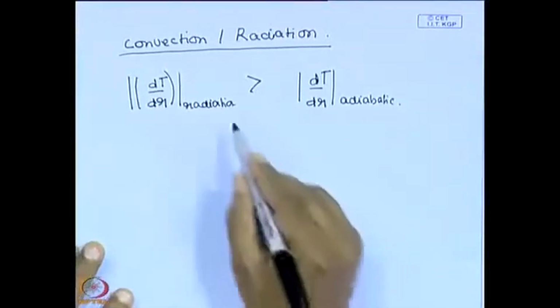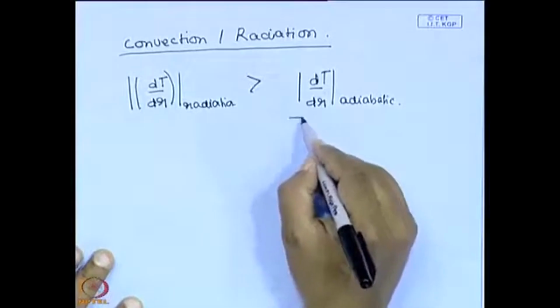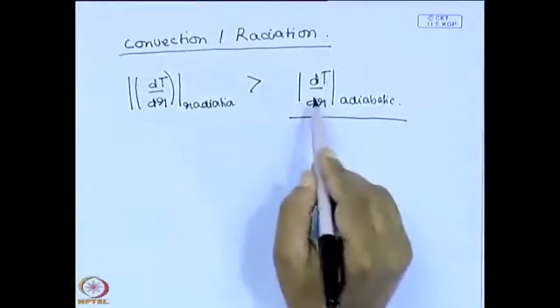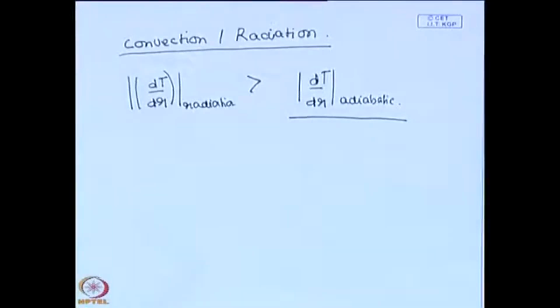So, the temperature gradient then does not exceed this value, it remains at this value. So, with a lower temperature gradient you are able to transport more energy.